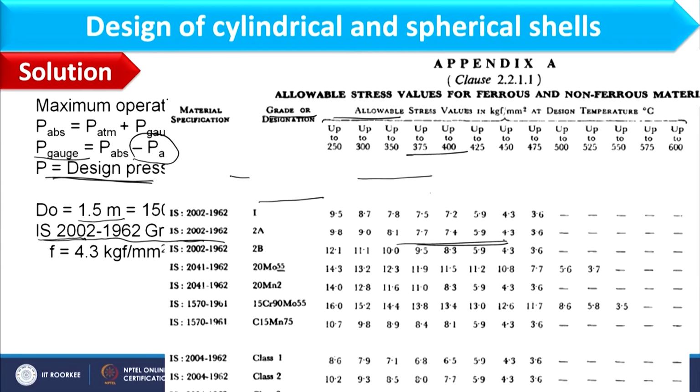Here I have the table, and IS 2002-1962 grade 2A is the material and 435 is the design temperature. You see here, up to 450 we can use the value 4.3 kg force per mm square. Therefore, F I have taken as 4.3 kg force per mm square.